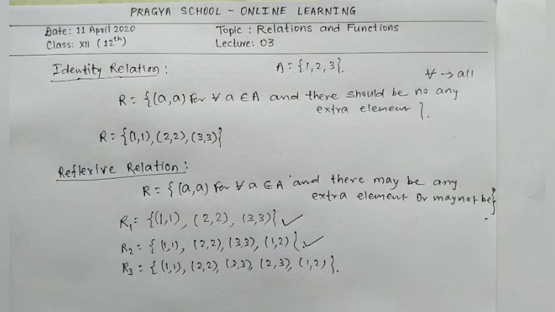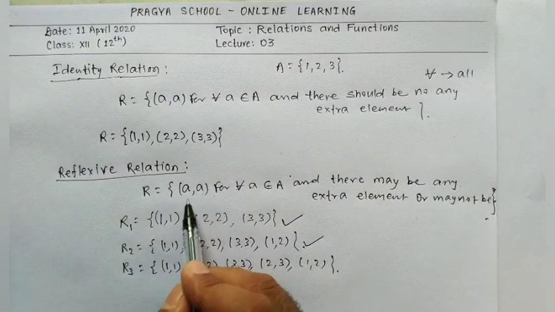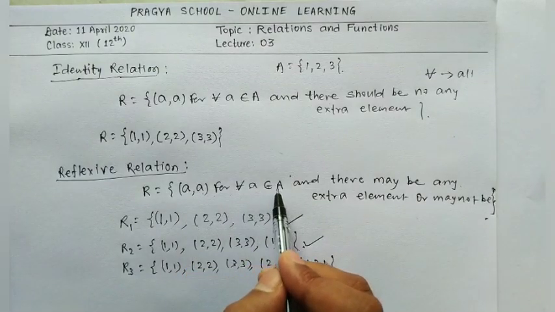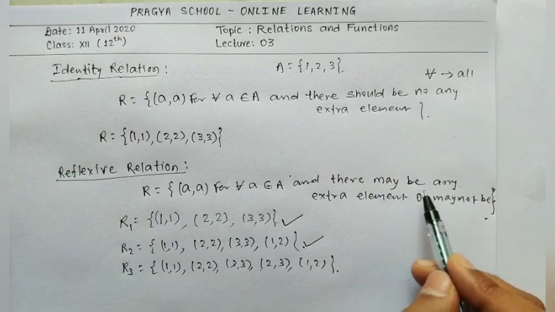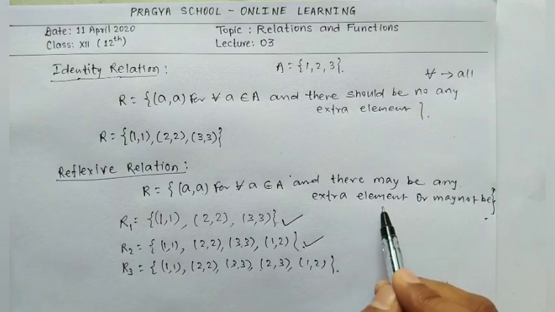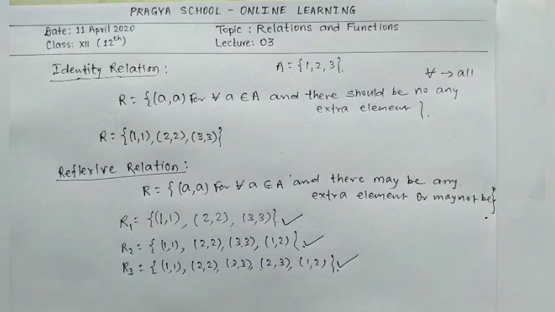We just need to check whether (A, A) exists for all A belongs to A, and after that there may be any extra element or may not be. So again (1, 1), (2, 2), (3, 3). We have some extra elements here, (2, 3) and (1, 2), no problem, because the definition says there may be any extra element, so it is a reflexive relation.